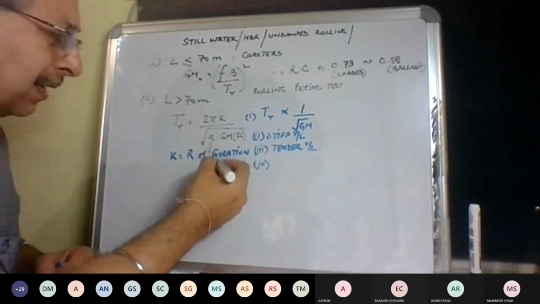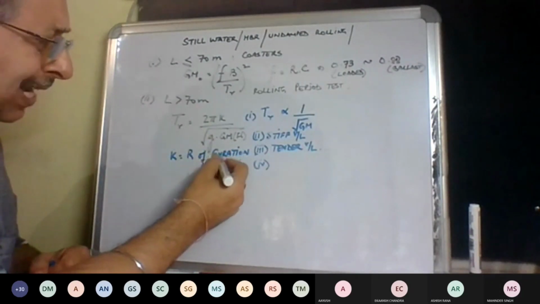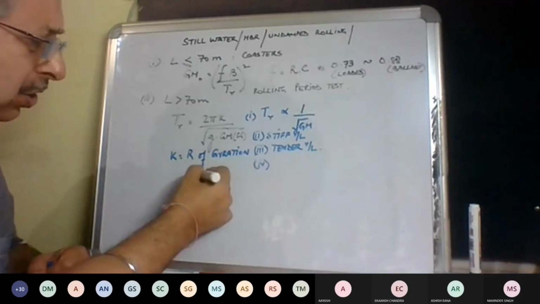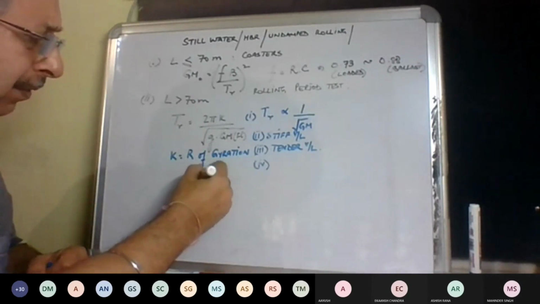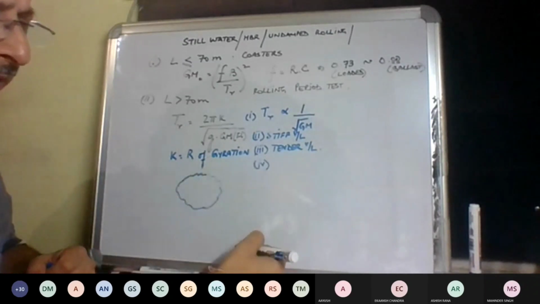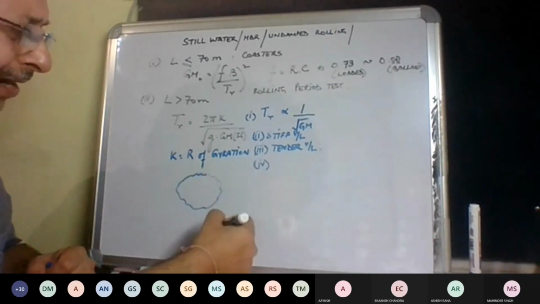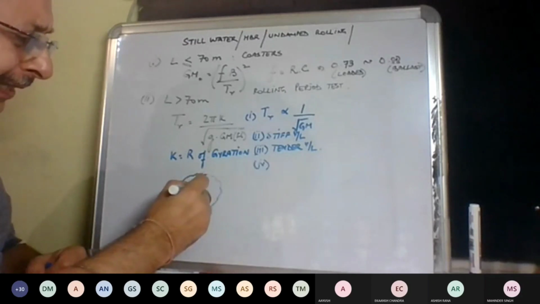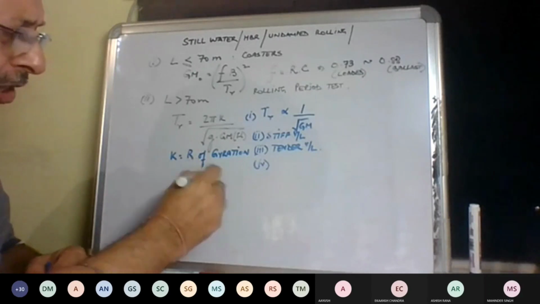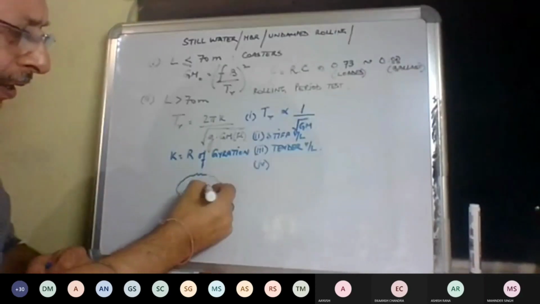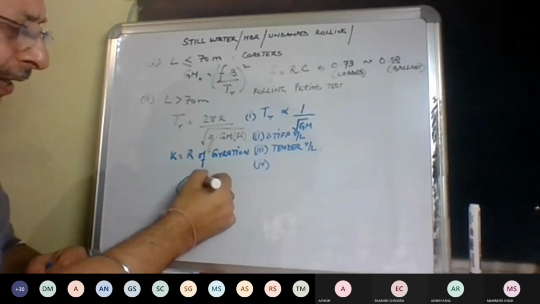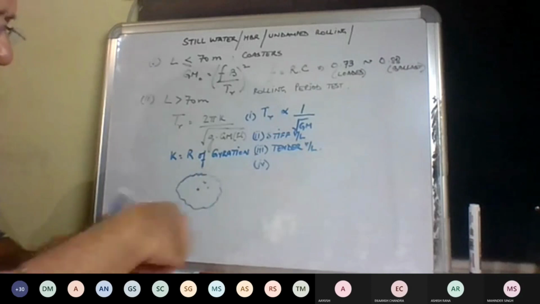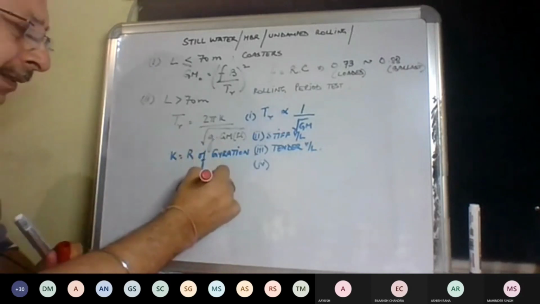So what is gyration or radius of gyration? If you have an irregular disk, which has an irregular mass, and you rotate it around a particular axis, which is known as the rotational axis, then the center of mass is found to lie at a certain distance away from the rotational axis.